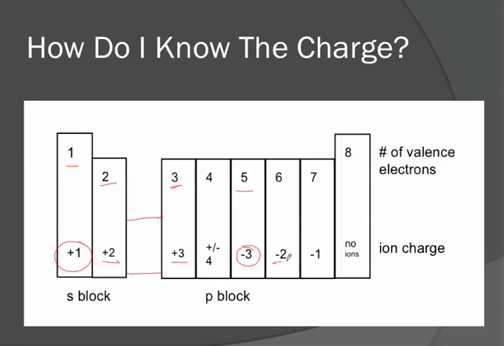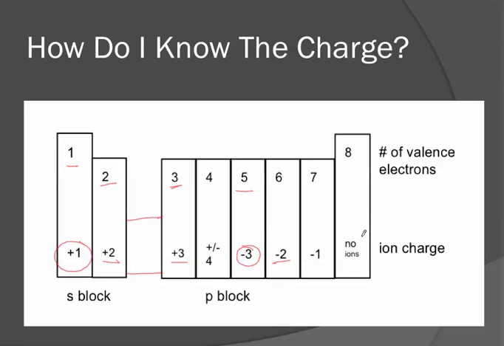Group 17 will gain 1 and become -1. And if you look at our group 18, those are noble gases. They already have 8, and they're not going to make ions. You know that they're called inert, which means they don't react with other substances. So you might keep this in your mind, sketch this little graph, help you remember the charges of your ions, because you'll have to know that when you're naming.